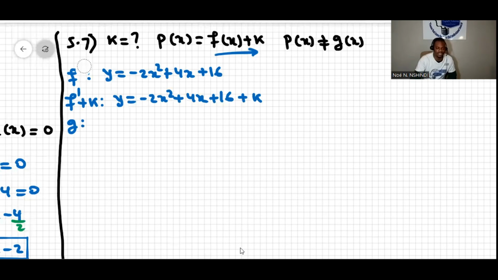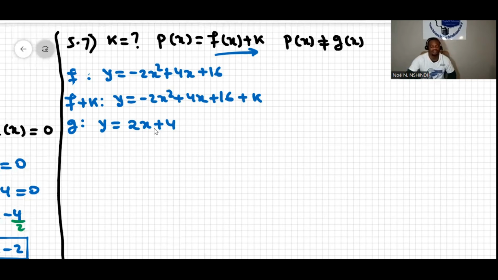Just say g of x. That's all. Okay. G of x then is given by y equal to 2x plus 4 in the equation. So if we work out f of x plus k, we add k next to this, and then g of x is given by that.